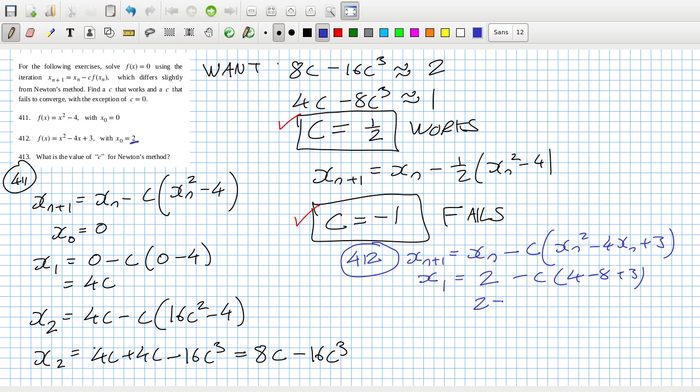So that's 2 plus c. And if we just take one iteration, that should roughly equal the solution here, which is 1 and 3. So I need the c. So I could maybe have c equal to 1 plus or minus 1. That could work, maybe. Let's see.